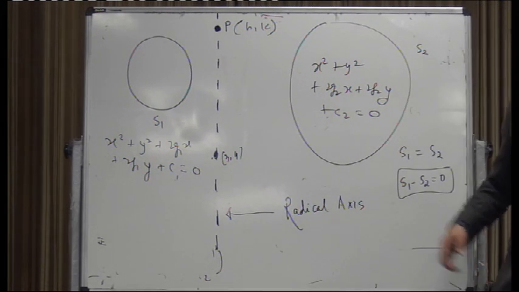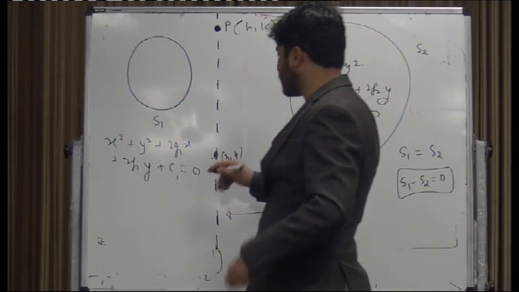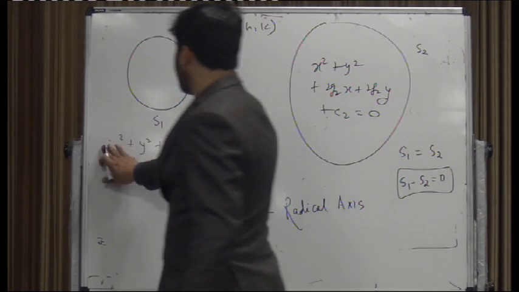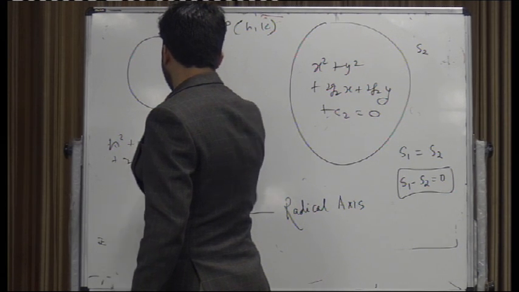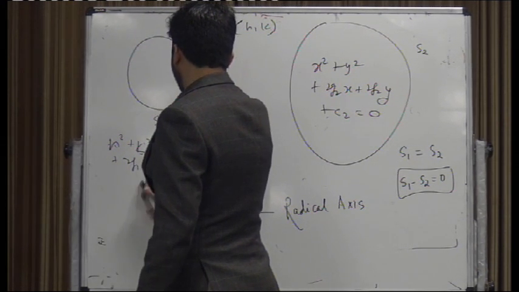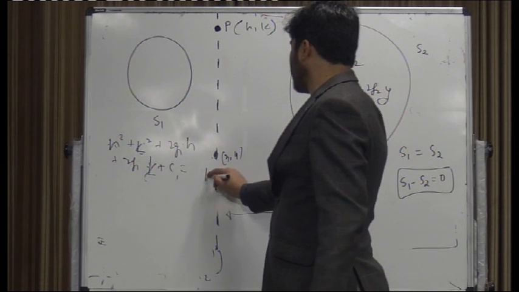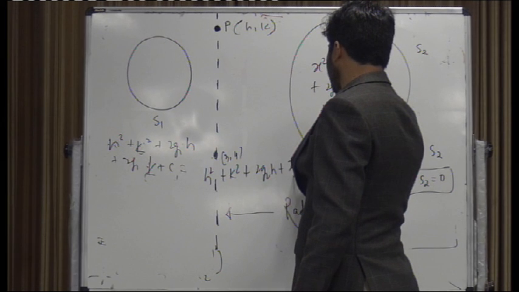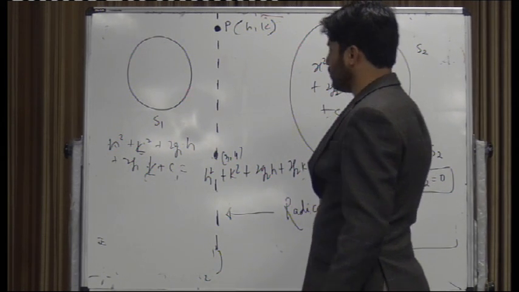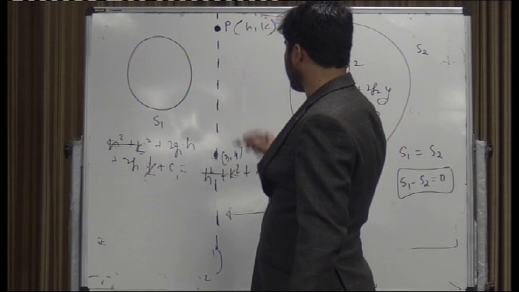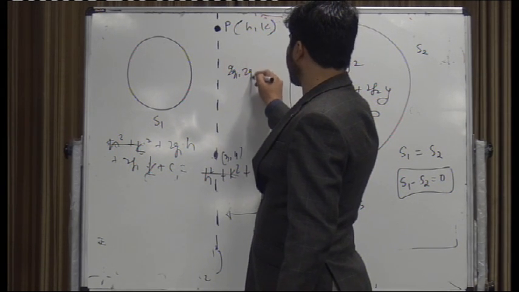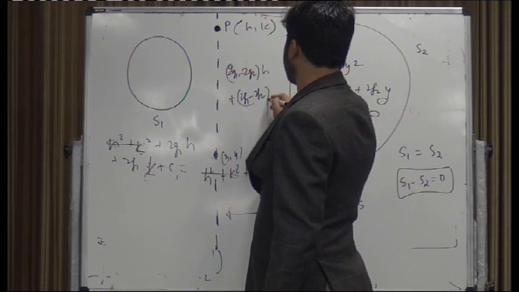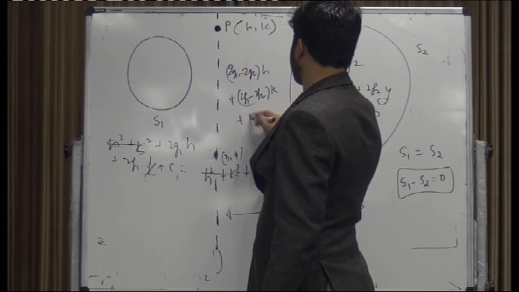So we can simply say x square plus y square plus 2g1x plus 2f1y plus c1, so h square plus k square plus 2g1h plus 2f1k plus c1 is equal to h square plus k square plus 2g2h plus 2f2k plus c2. h square plus k square cancels, you are left with 2g1 minus 2g2 times h plus 2f1 minus 2f2 times k plus c1 minus c2 is equal to 0.